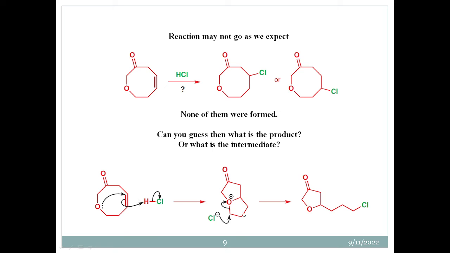And it forms this 5-5 bridged ring system, and then Cl minus attacks here and forms this system. So this is a little tricky. If someone asks you what will be the intermediate, this is the situation actually.